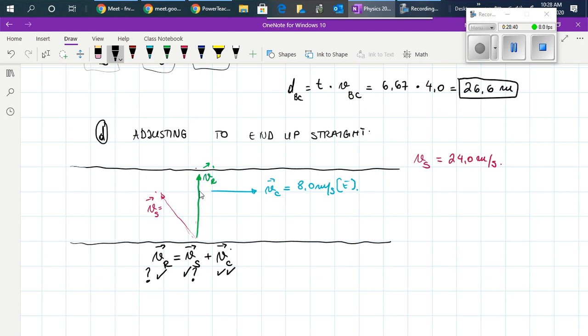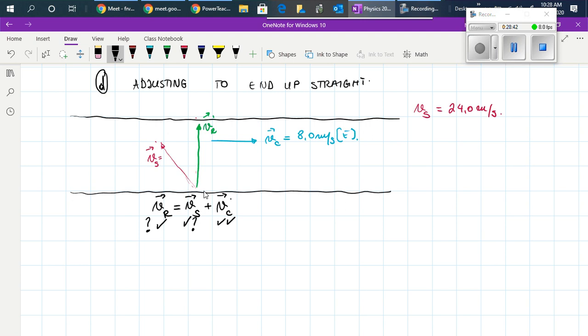Now, graphically, if we are looking for the velocity of the swimmer, then it is the resultant velocity minus the velocity of the current. Let's see how this looks in vector representation. We have the resultant velocity, which is straight up.